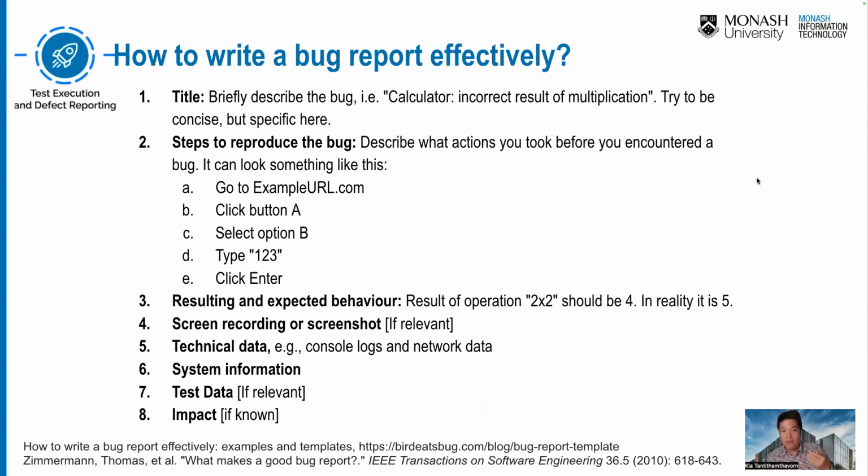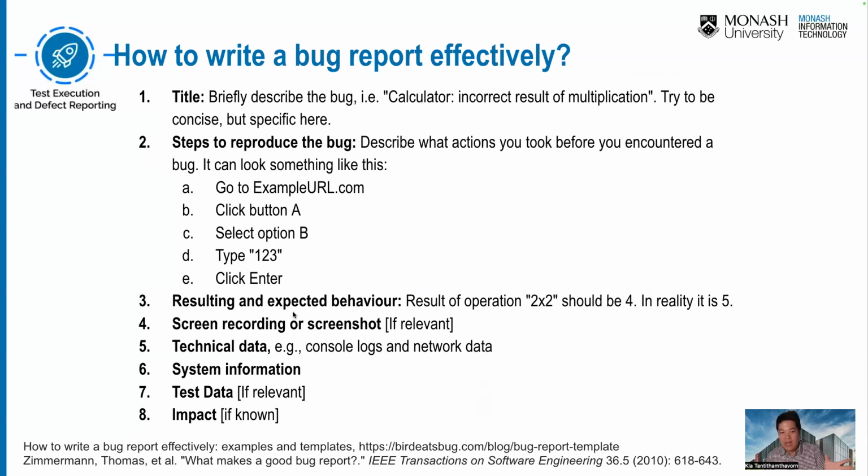So for the bug report, these are the key components that should be included. First, it should describe what the bug is. For example, this is a calculator: incorrect results of the multiplication. Now we know the multiplication feature is incorrect. What are the steps to reproduce the bug? We need to provide the steps as well; they are irrelevant here, just an example.